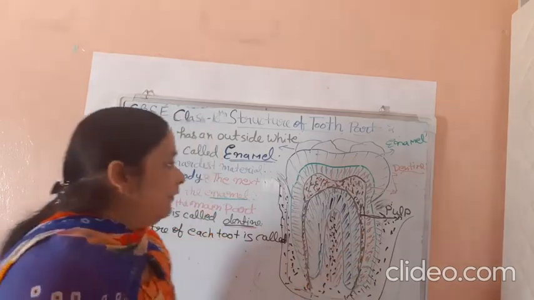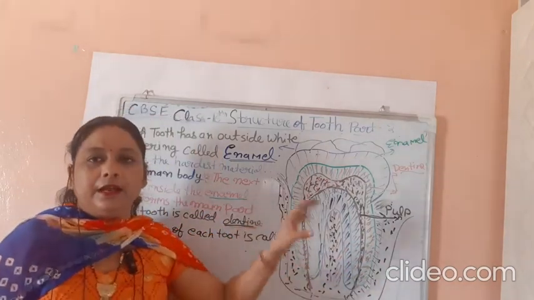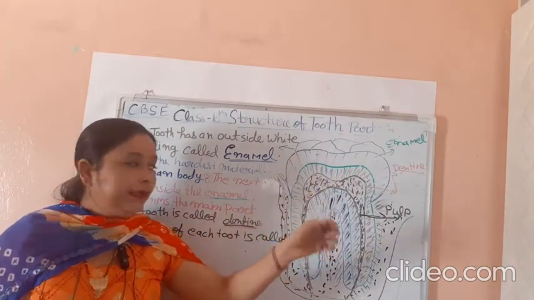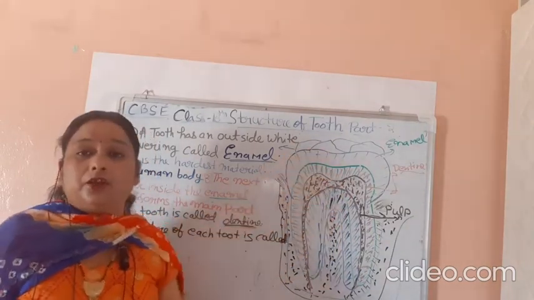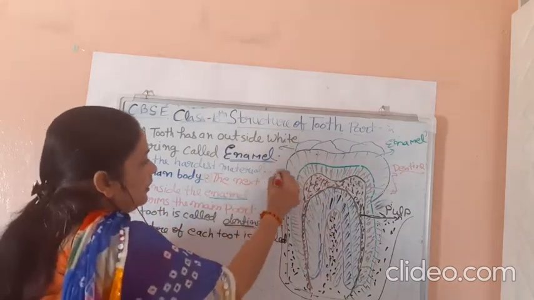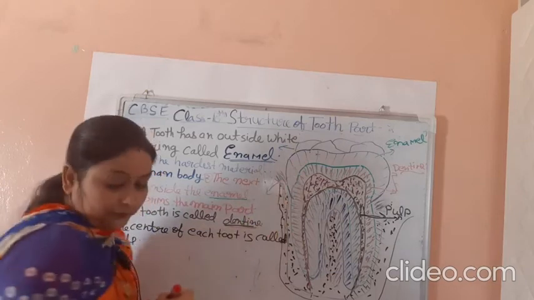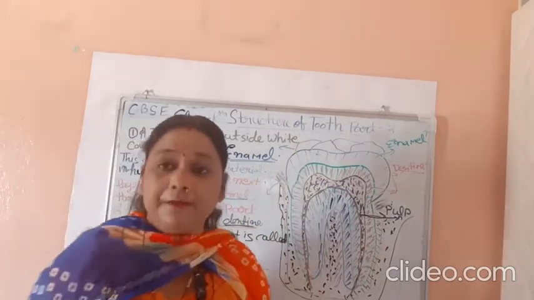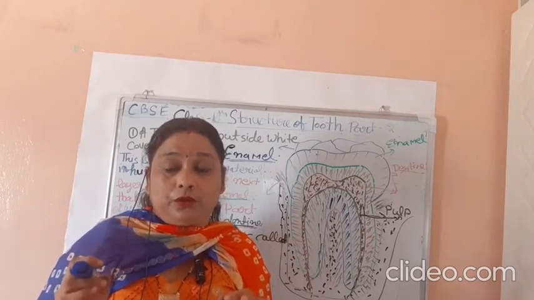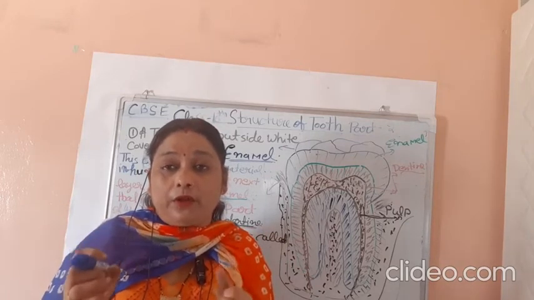So this is a very clear description and diagram showing the internal structure of the tooth. This pink structure is the gum. The gum is firmly fixed to each tooth and firmly holds the tooth.